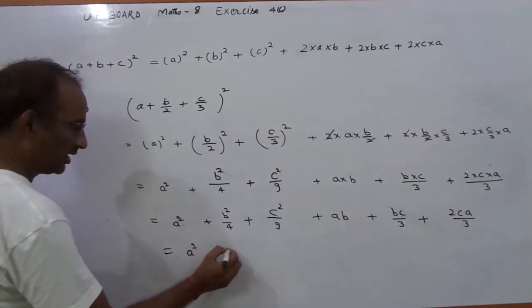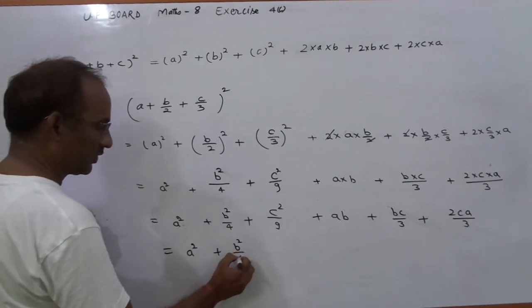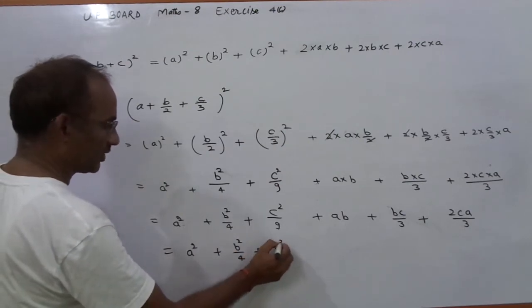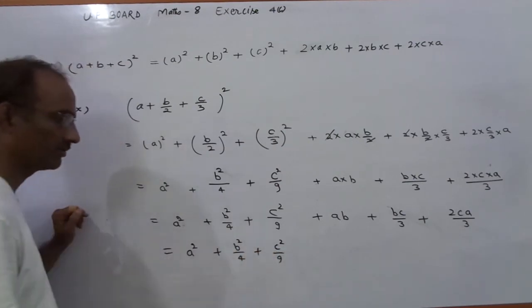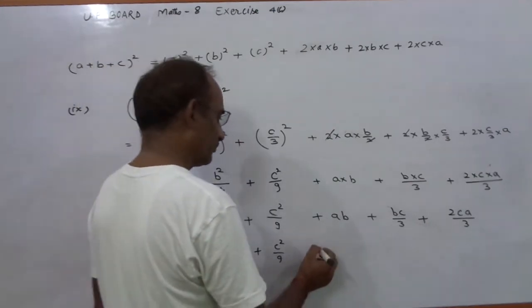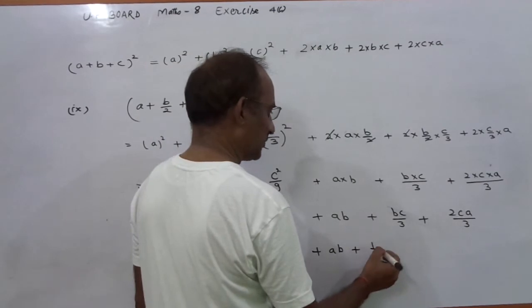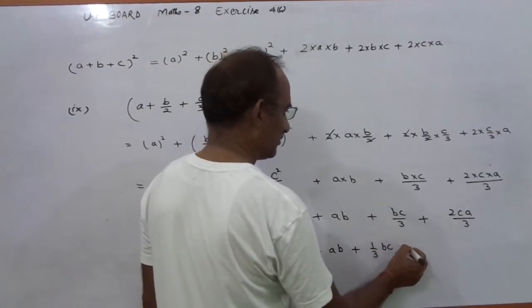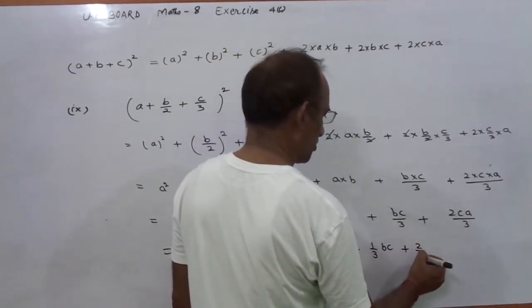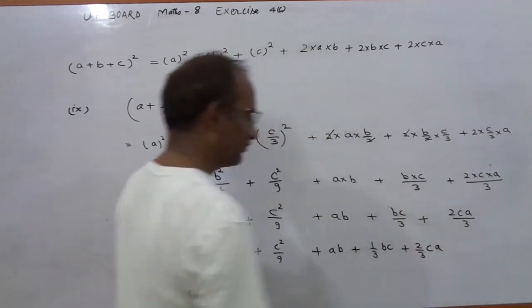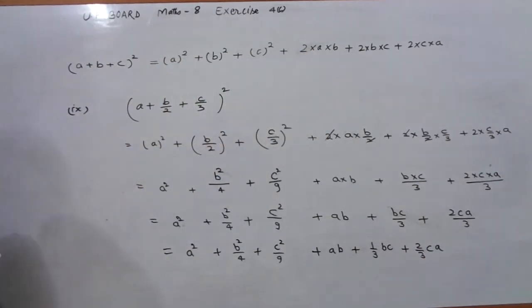Sometimes it can be written as b square upon 4 plus c square upon 9 plus ab plus 1 upon 3 bc plus 2 upon 3 ca. So this is our answer.